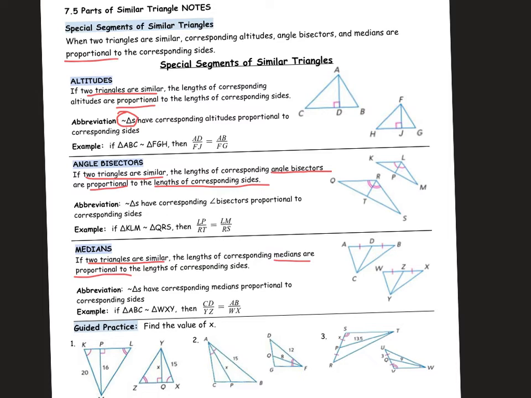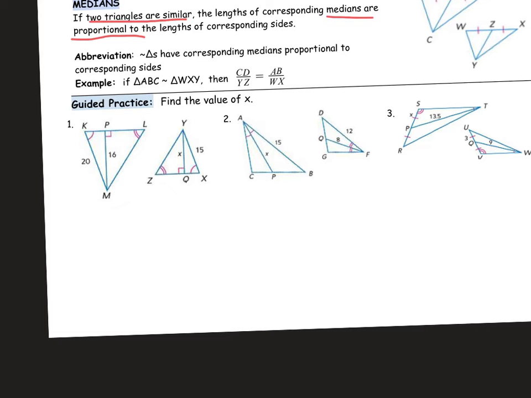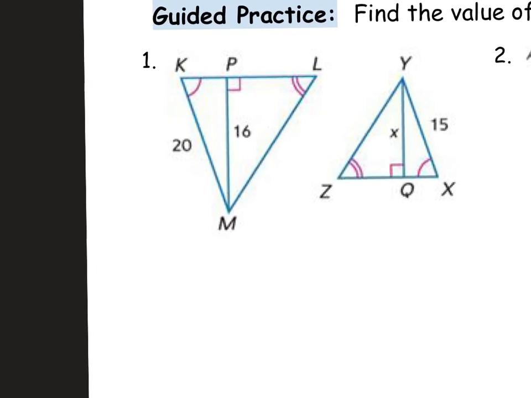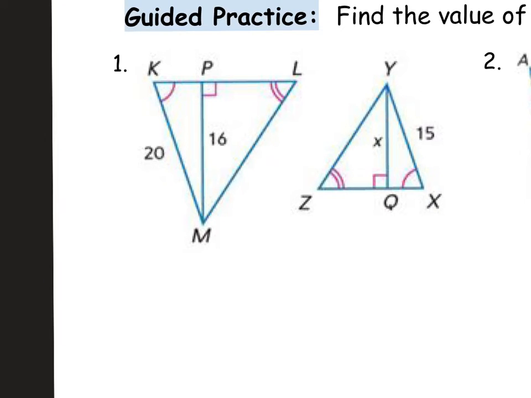So let's take a look at some practice problems. For each one of these, we want to find the value of x. So, number one, we have our 20, we have our 16. These two triangles are similar. We've got our angle similarity.